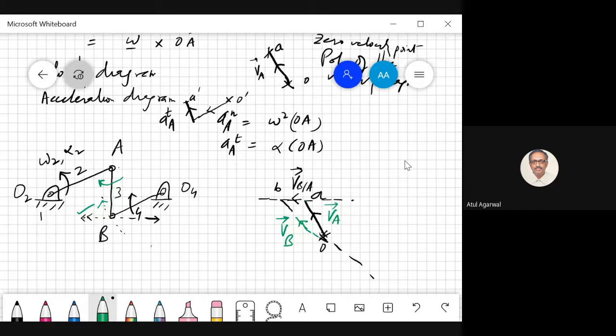So omega 3 becomes velocity of B with respect to A divided by length AB, and this is clockwise. What is omega 4? Velocity of B divided by length O4B, and it is clockwise. And what is velocity of point B? You just measure this distance.